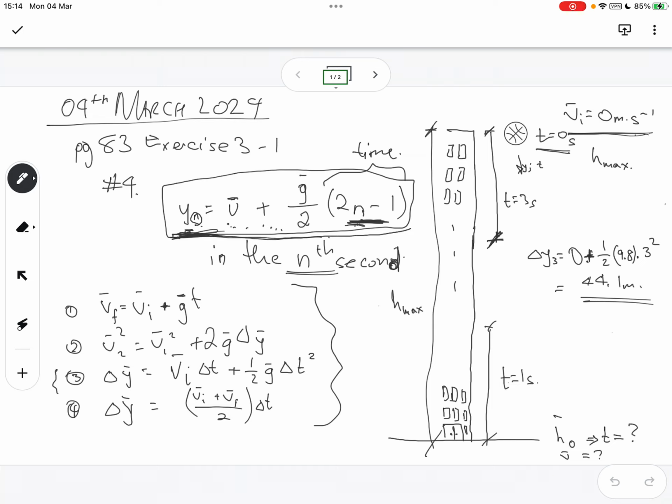In the last 1 second of the drop, let's look at this schematic here. The first 3 seconds, the thing drops 44.1 meters, and in the last second, it also drops 44.1 meters.